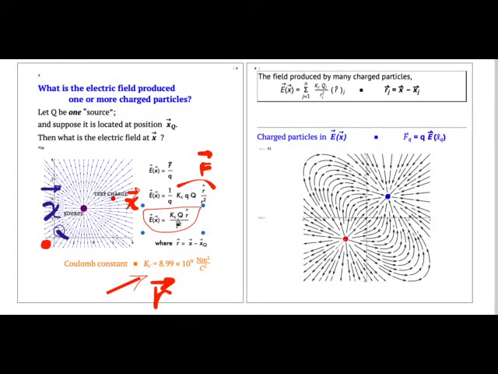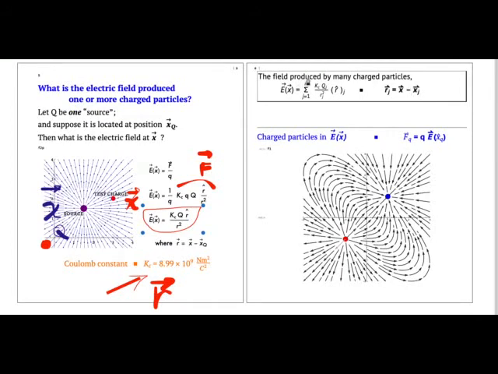source particle. What if I have many charged particles? Well, then the electric field at x will just be the superposition of kq over r squared times r hat, where the fields created by all of the source particles are added together. Suppose the source particles are located at x1, x2, x3, x4, x5, and so on, xj.